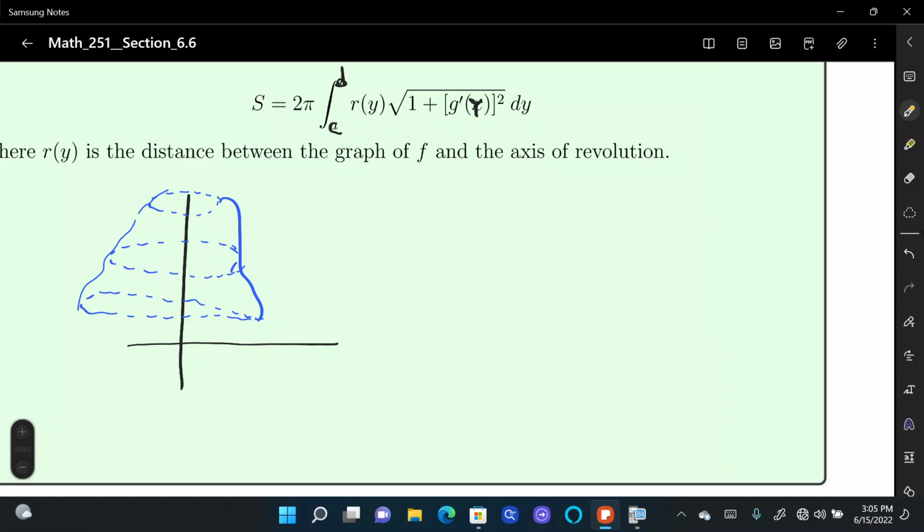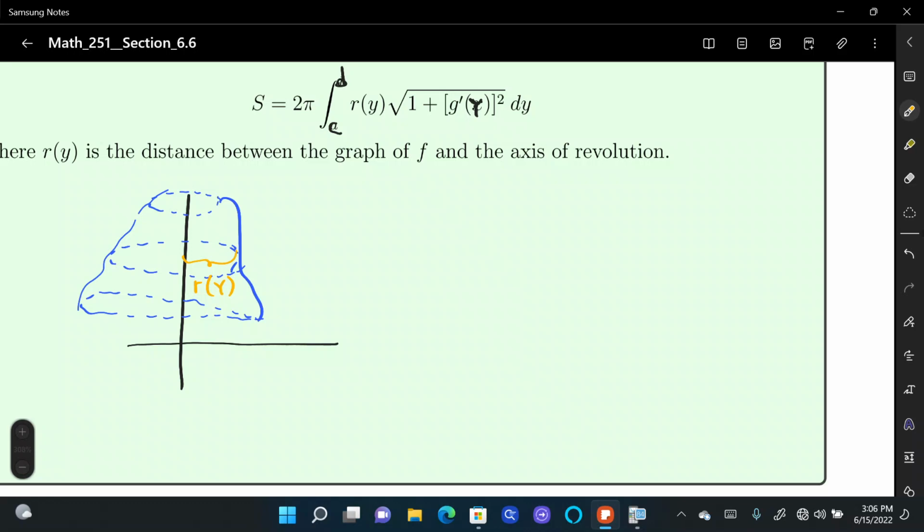The radius is nothing other than the distance between the axis of revolution and any point on the graph of the arc length that we're rotating. That's given by r, but in this case it's r of y. It's a vertical distance.